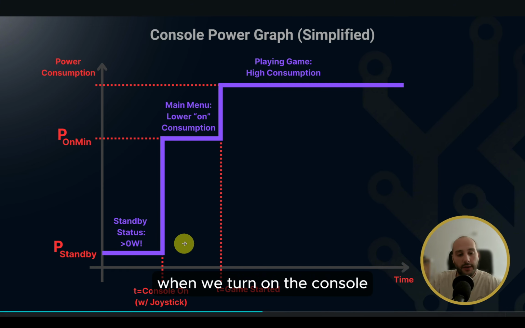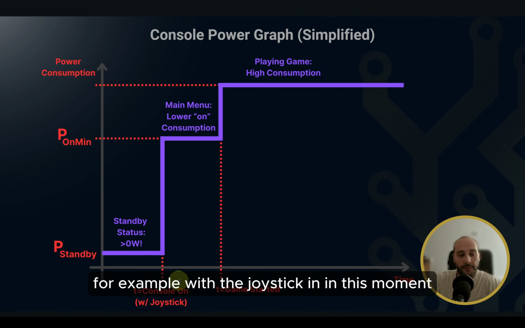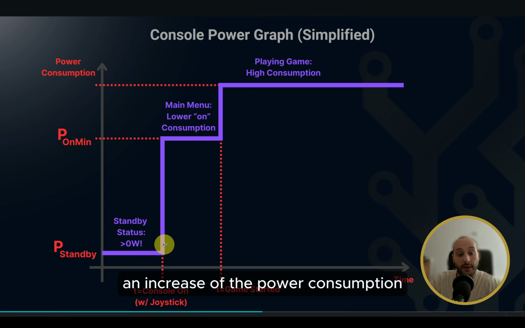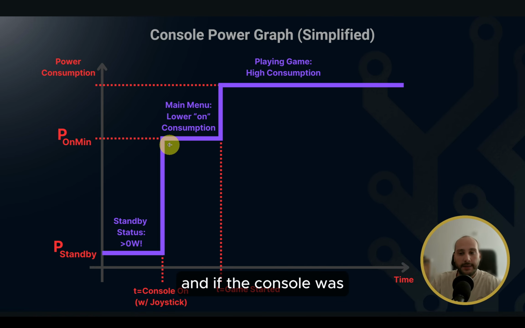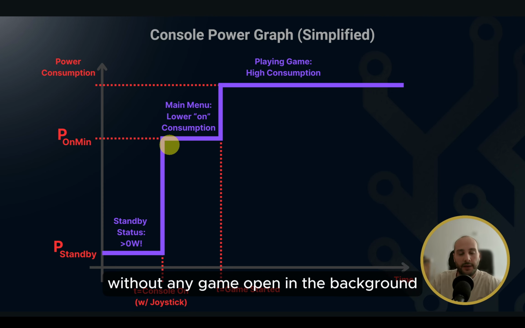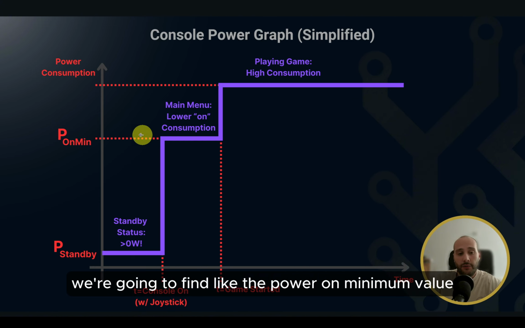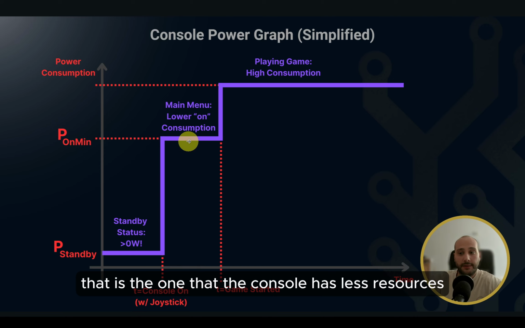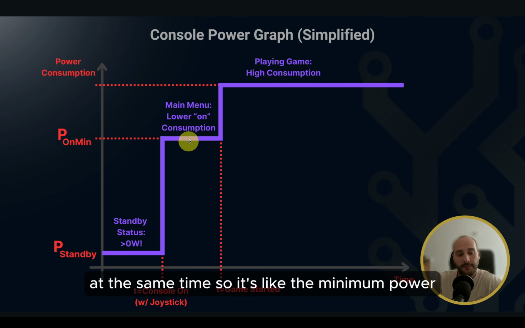When we turn on the console, for example with the joystick, at this moment we are going to see an increase in power consumption. If the console has no game open, for example in the background, we are going to find the power on minimum value, where the console is using the fewest resources at the same time, so it's the minimum power.